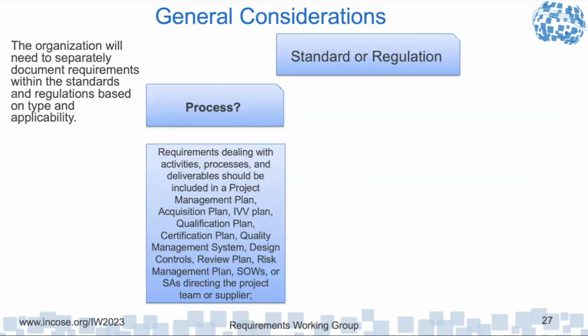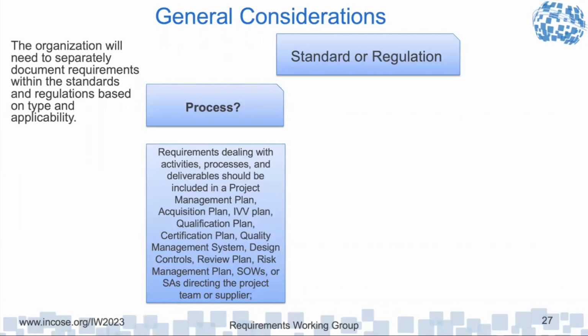So organizations are going to have to go through and look at all these. For any given standard or regulation, does it apply to a process? If so, where are we going to document it? Where are these processes? We're going to put them in a project management plan, an acquisition plan, an integrated verification and validation plan, all the different kinds of project plans.